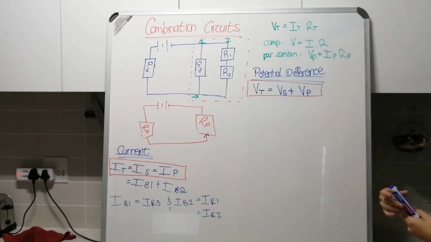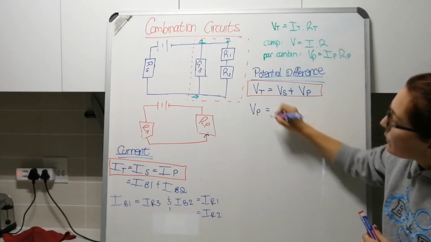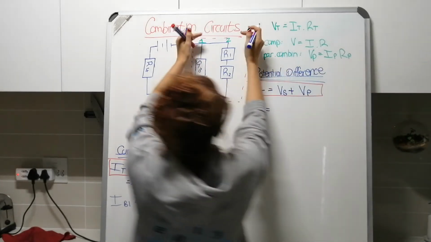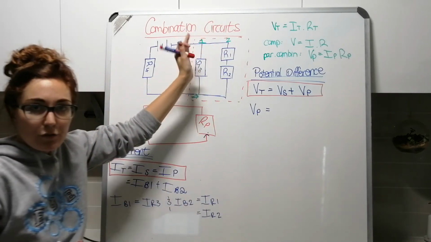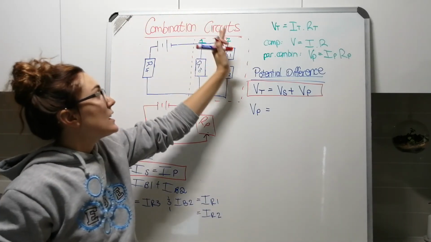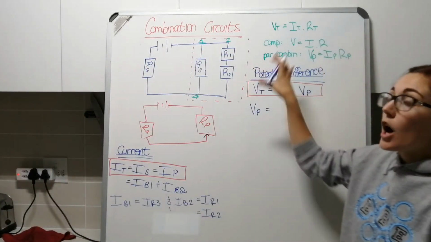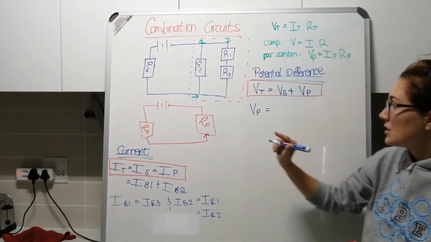Then in this specific scenario, we know that V parallel, and you know this from parallel circuits, is equal to the potential difference of each branch. Remember that: the potential difference in each branch is the same, and it's equal to the total potential difference of a parallel circuit, so in this case, of the parallel combination in the circuit.